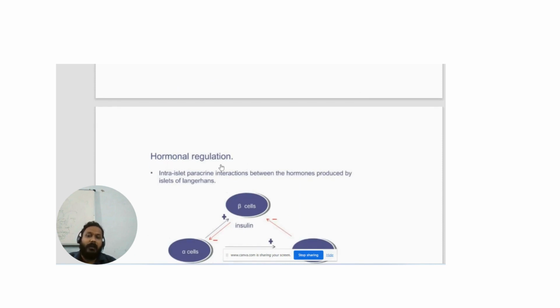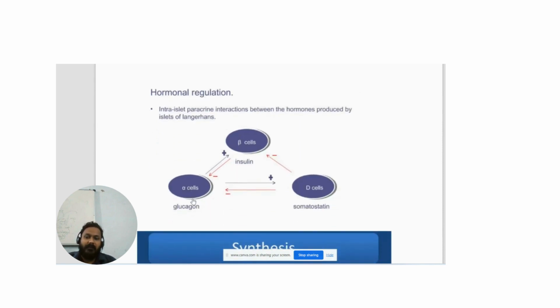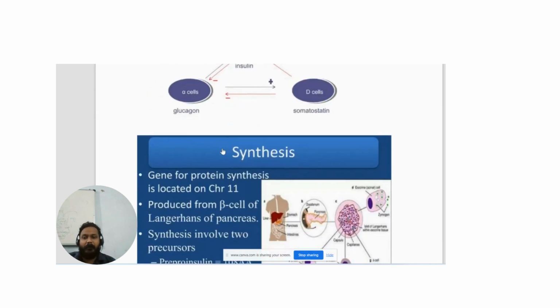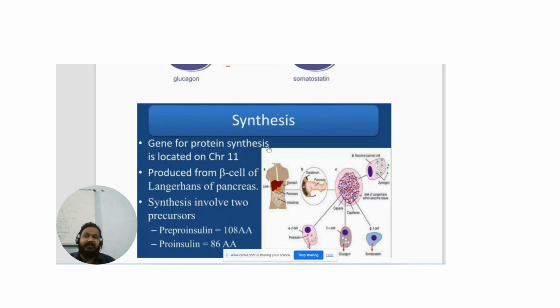Now the hormonal regulation: alpha cells glucagon, beta cells insulin, and D cells somatostatin, and these hormones work together to maintain the homeostasis of glucose level and energy production through the different biochemical reactions in the human body. Now we move to the synthesis.